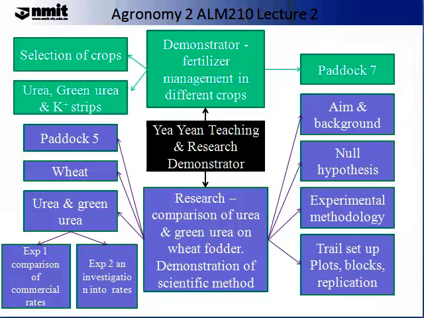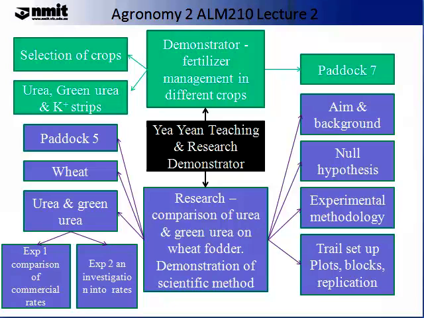While paddock 5 is a research trial. That is, we are trying to compare the use of urea and green urea on our wheat fodder crop. We are hoping to demonstrate the scientific method, enabling you a comparison between a demonstration of a scientific method and an industry-based demonstrator.